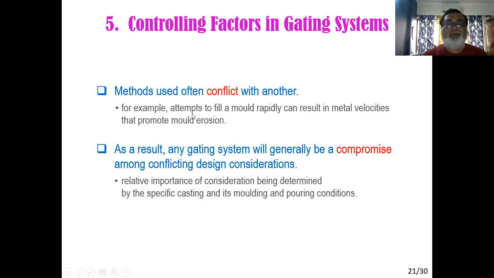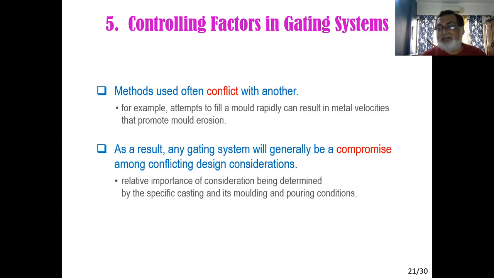Okay, methods used often conflict with each other. For example, attempts to fill the mold cavity rapidly can result in high velocity, which can generate mold dilution and turbulence. So we have to decide first, based on the casting itself and the quality of the casting required, which kind of system we will use.